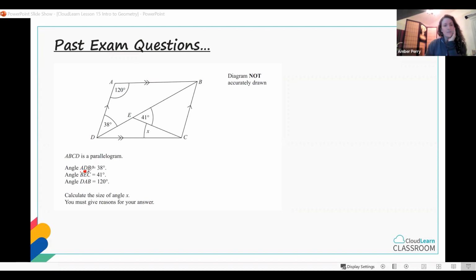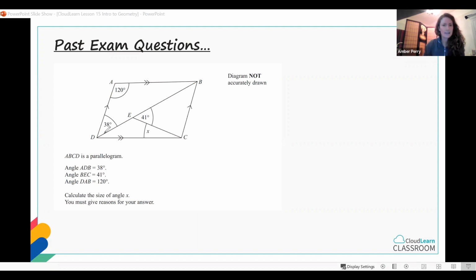So to find angle ADB, I start at A, I go down to D, and then to B. So I know that angle ADB is essentially the angle made by following that path from A to D to B, which makes this angle here. So it's telling me that angle ADB is 38 degrees. And then I can use that notation all the way through. It's all on the diagram anyway, so you don't need to stress too much, but it's good to understand how the notation works.